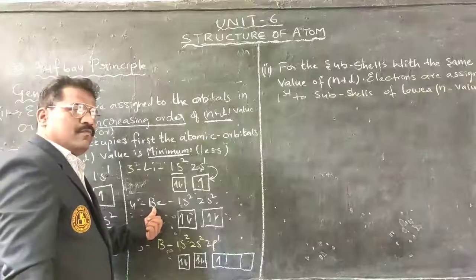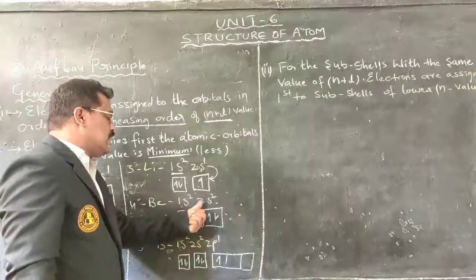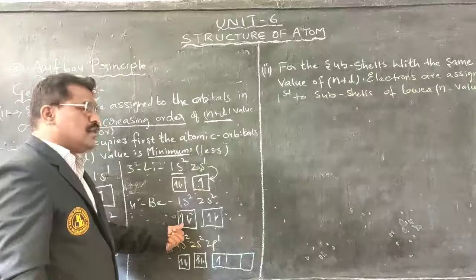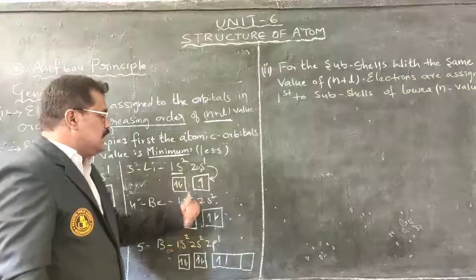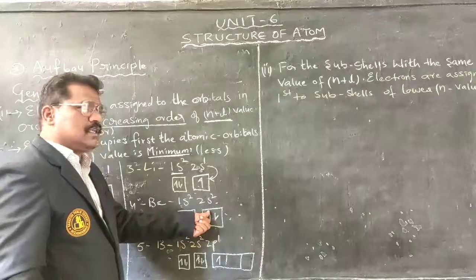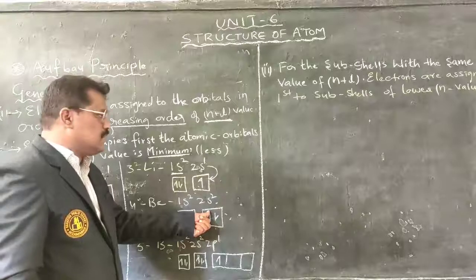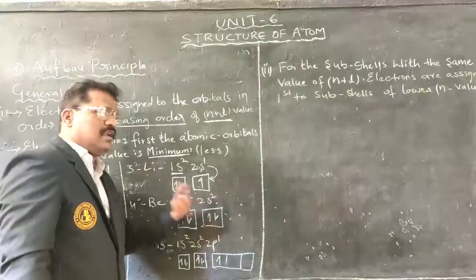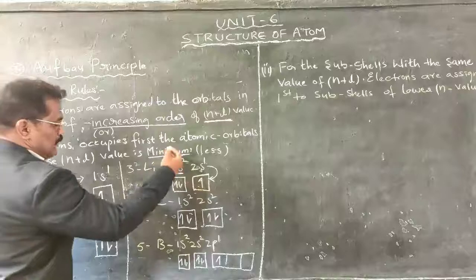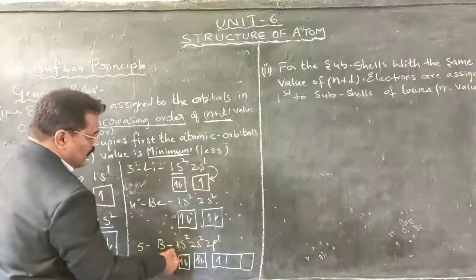Coming to beryllium, the electronic configuration is 1s2 2s2. The 1s orbital will be completely filled up. The next lower energy orbital existing is 2s, and it is completely filled. In this way, if you come to boron, what happens?